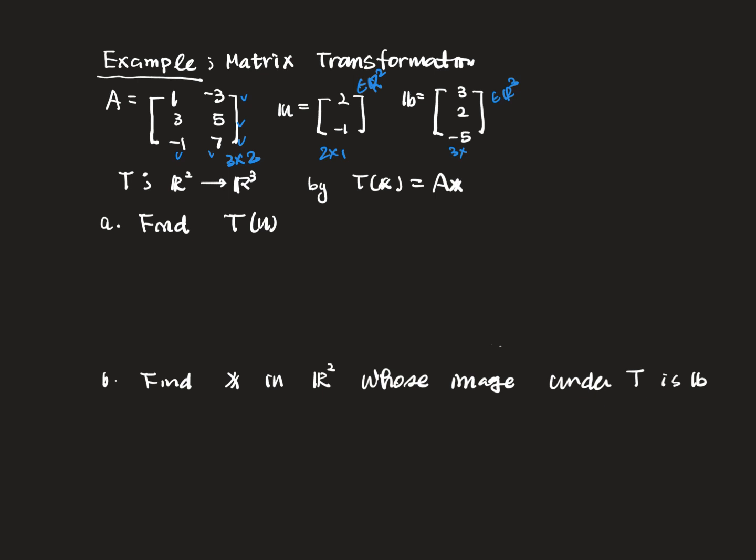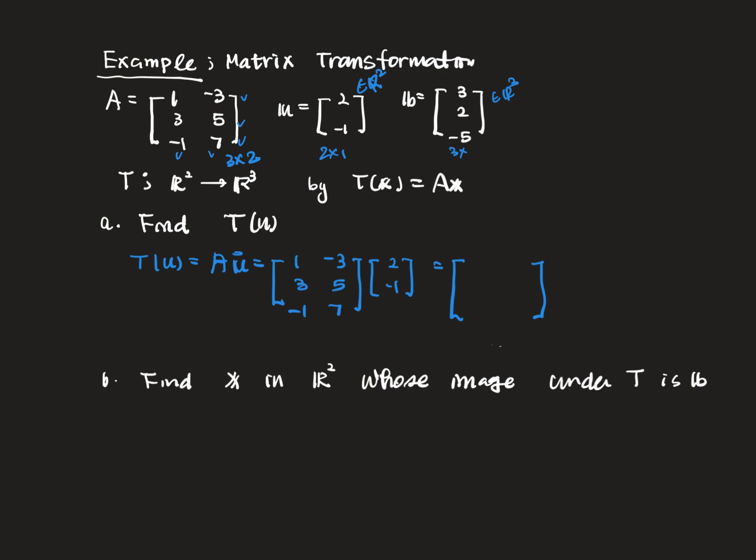So they define A times x, right? We're going to find the image of u first. So T of u is going to be A times u, right? So A is going to be 1, negative 3, 3, 5, negative 1, and 7. What is the u vector? 2 and negative 1. Okay, so you expect the output of this transformation to be a vector in R3.